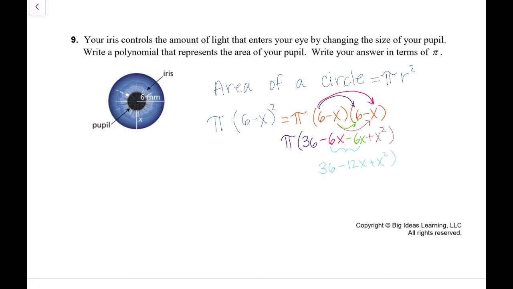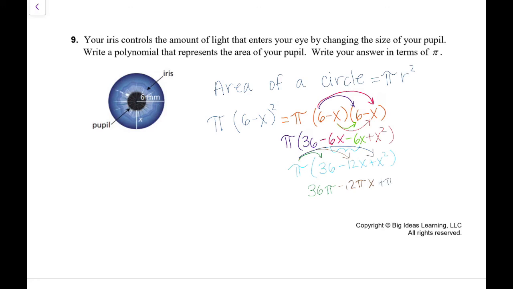Now, on the outside of this, I have a pi. I need to distribute that pi into each piece of my equation. Pi times 36 is 36 pi. Pi times negative 12x is going to be negative 12 pi x. And on the last part, it's plus pi x squared.